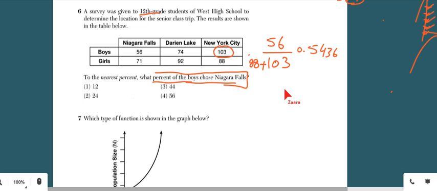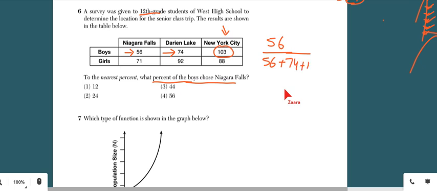Oh, no. The total number of boys is not this. Total number of boys will be the sum of those who like Niagara Falls, those who like the lake, and those who like New York City. So we have to add all of them. 56 is not the total, this is the third option. 56 plus 74 plus 103. Now this is going to be correct.